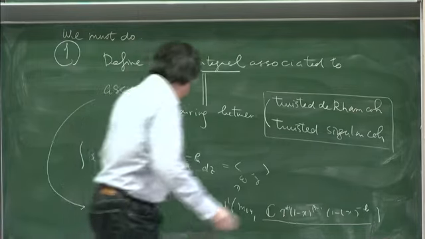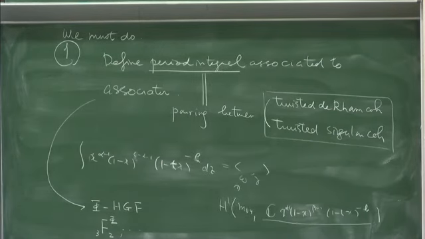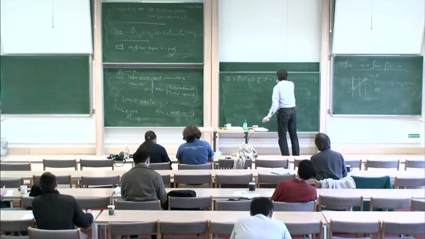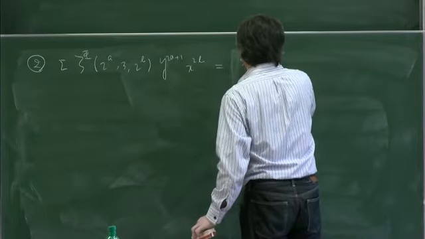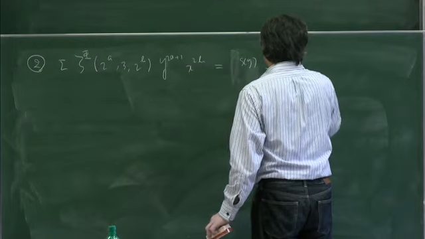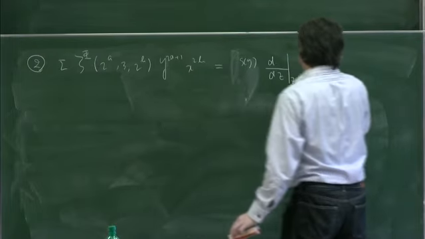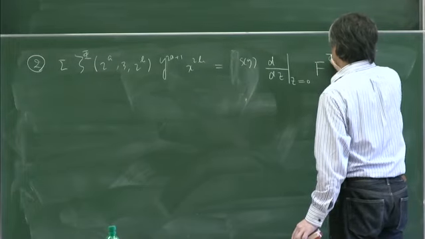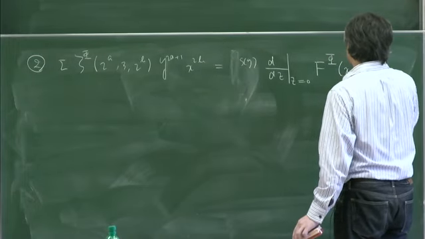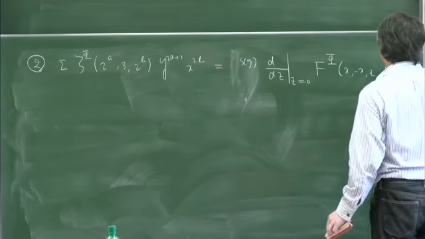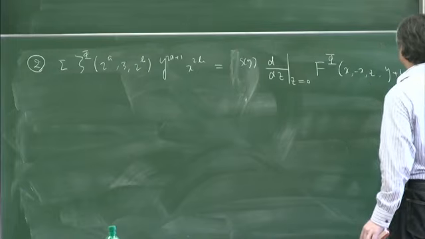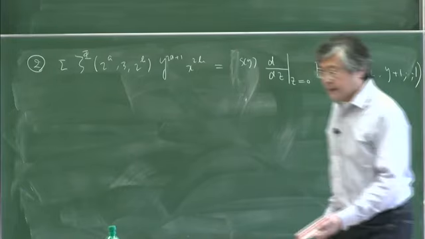Then, if we define this phi hypergeometric function, the next step is to show that this is something, and we must show this equality.